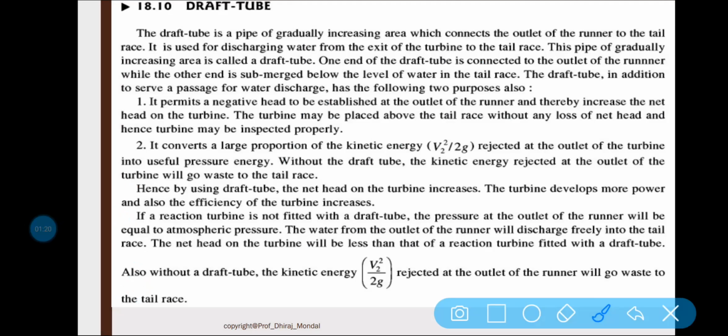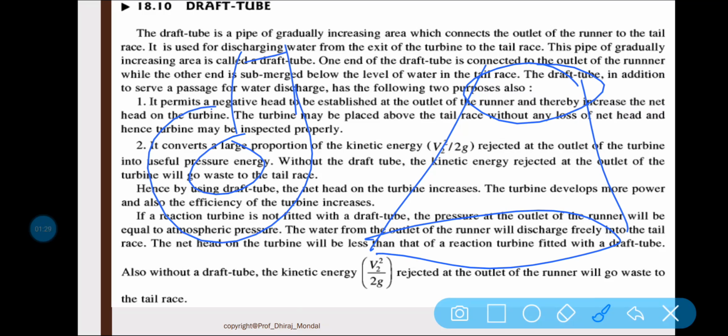So first of all, let us consider this is a draft tube. At the outlet of the turbine, the pressure available is vacuum pressure, or less than atmospheric pressure.